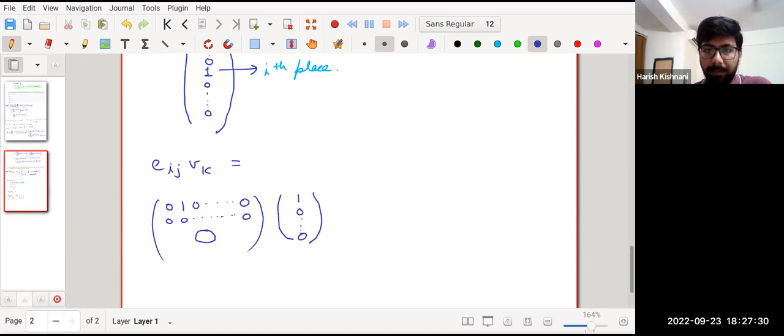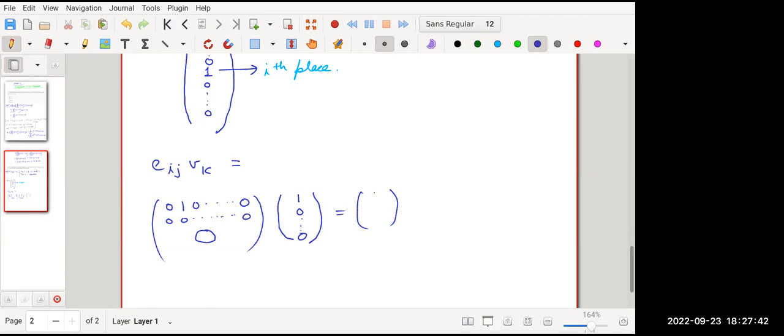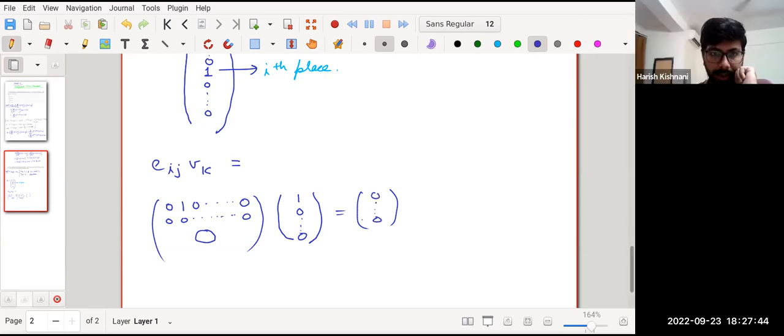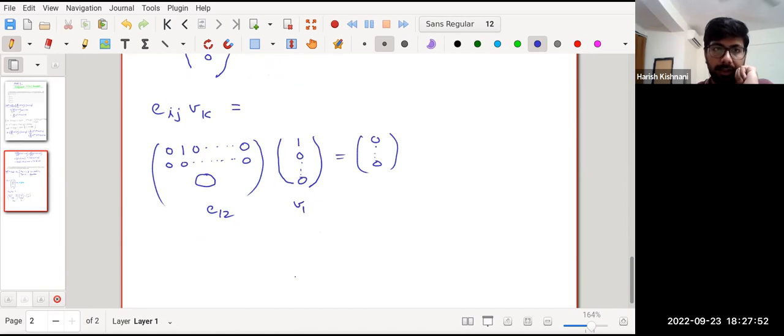So what will you get after multiplication? Yes, Shalini? Zero matrix. Yes, zero matrix. Okay, so here you had E12, here you have V1, so you get zero matrix.